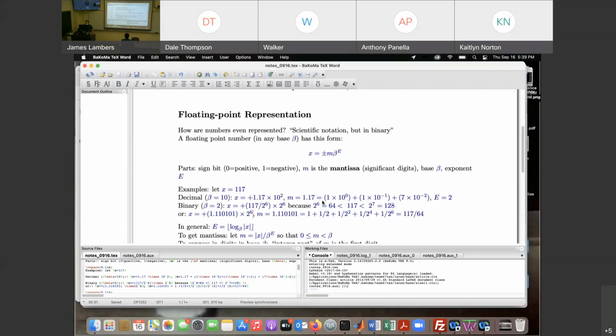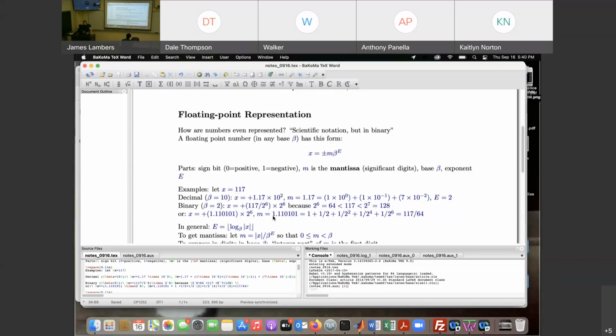And the reason for that is if you want to bracket 117 by powers of 2, 117 falls between 2 to the 6, or 64, and 2 to the 7, or 128. So the lower bound here, in terms of magnitude, indicates the exponent. So the exponent would be 6.